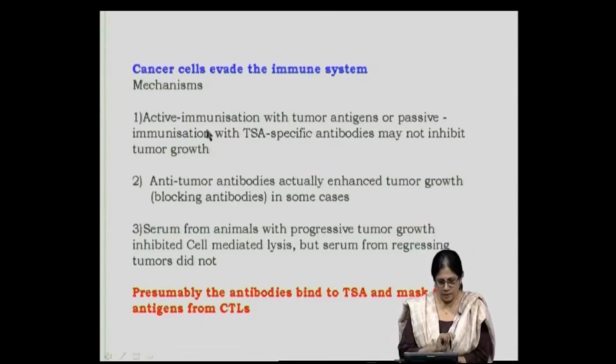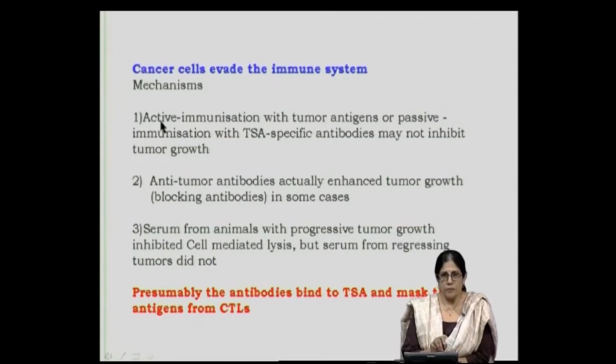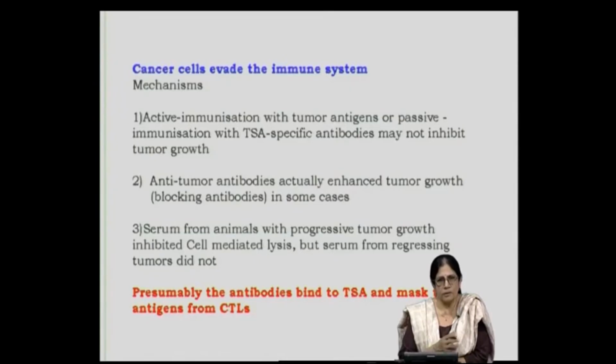How have people shown that? Now, the first one, which is with respect to antibodies, was actually quite surprising. What people were doing earlier is they established a tumor in an animal model, then resected the tumor, took it aside, and grew the cells out in culture.